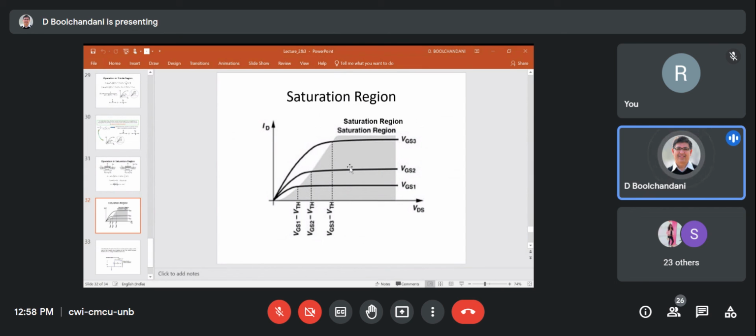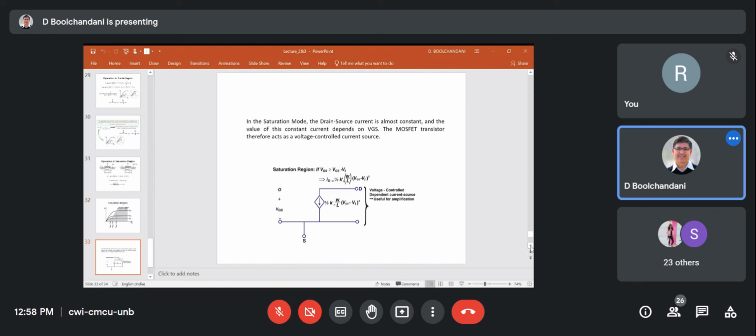It depends upon the gate source voltage. So in saturation mode, the drain source current is almost constant, and the value of the constant current depends upon VGS. So the MOSFET transistor therefore acts as a voltage-controlled current source.